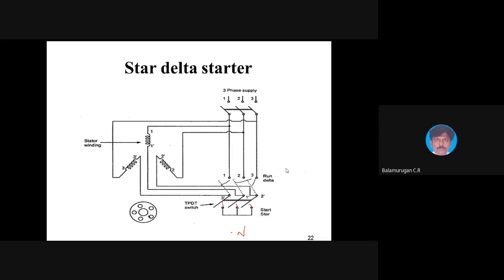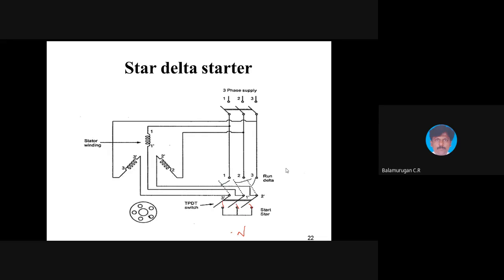And the disadvantage is you can vary the voltage only by the ratio 1 by root 3. You can reduce the voltage by 1 by root 3 only, so another ratio is not possible. If we consider the auto transformer starter, we can have any ratio, any amount of voltage can be applied because we have a variac.